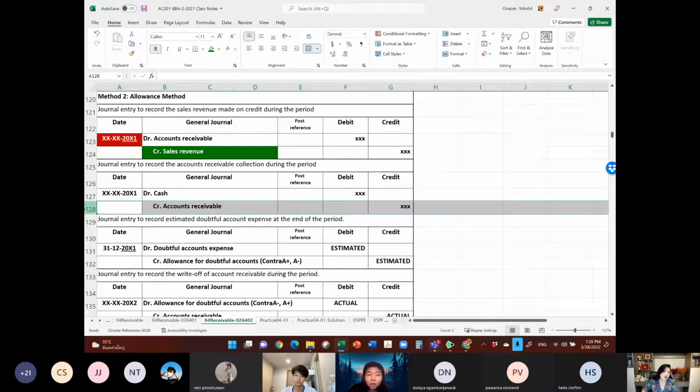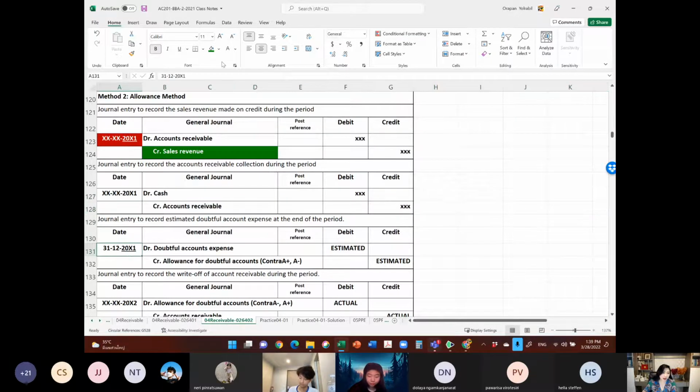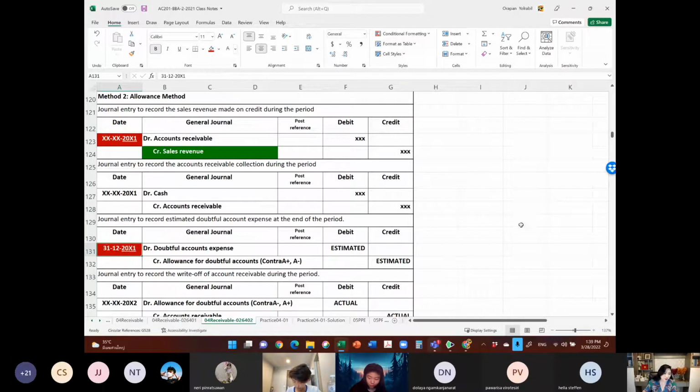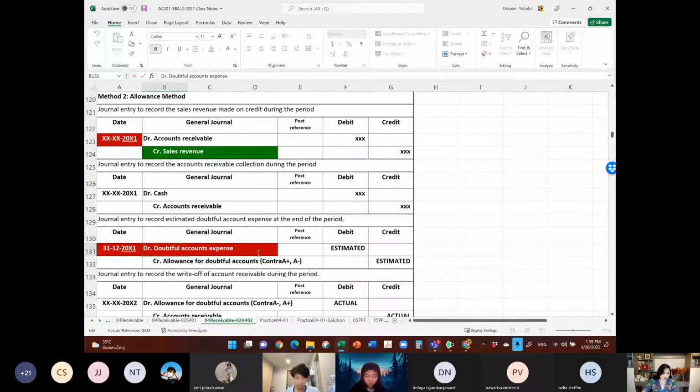Now, at the end of year 1, the same year, the company would estimate the doubtful account expense, or in other words, we can call this the expected credit loss. Same thing, all right?